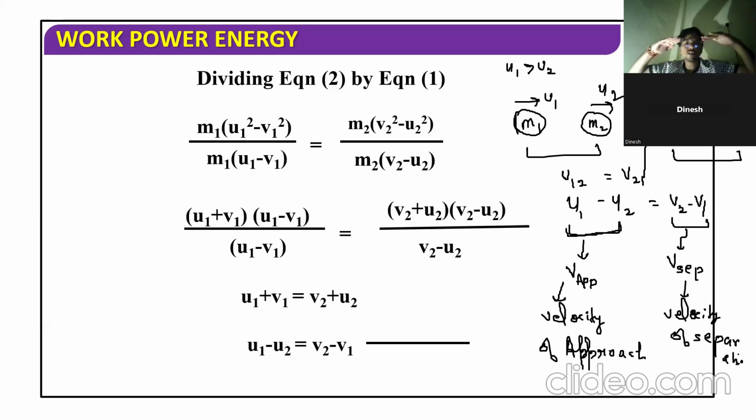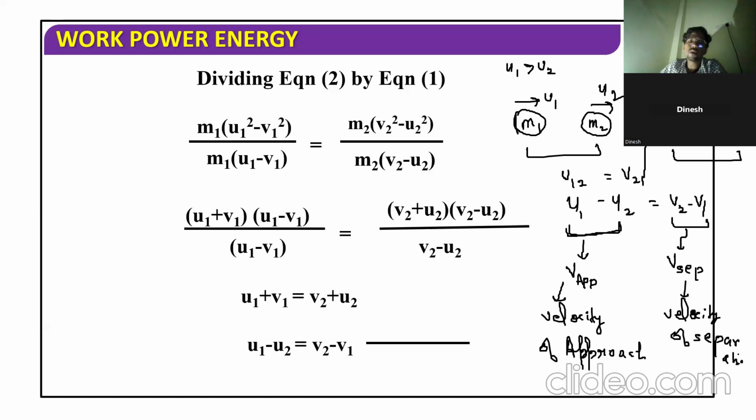In the first case, this is m2, this is m1. M1 is coming, approaching. That's why velocity of approach. After collision, it slows down and moves like this. Separation increases. That is why velocity of separation.